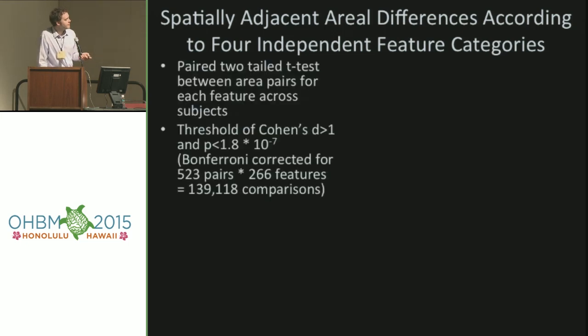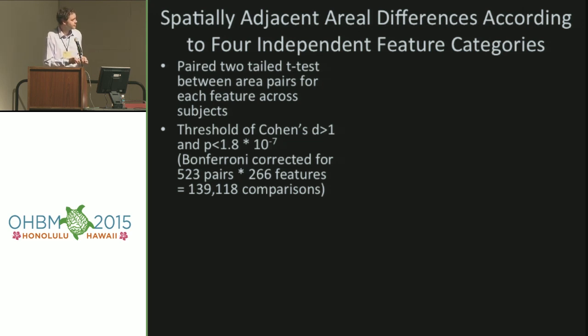And the final validation is: are these areas actually statistically significantly different across their boundaries? So we're going to do a paired two-tailed t-test between area pairs for each feature across subjects. And we're going to use pretty stringent thresholds here. So we're going to have an effect size threshold. Basically, Cohen's d is a measure of standardized effect size, and greater than 1 is a really big effect.